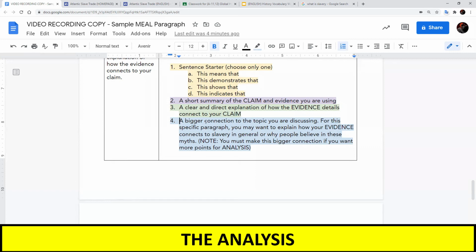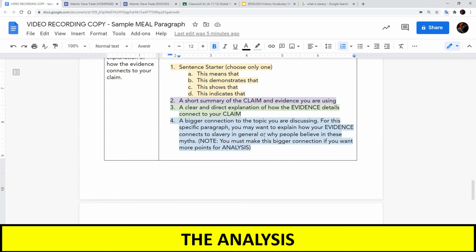So for example, in this specific paragraph, you want to explain how your evidence about Harriet Tubman, about how she organized this movement to help free enslaved people from slavery, connects to bigger ideas about slavery in the United States. And also, this whole meal paragraph is focused on myths. So you might want to also talk about why you believe that people believe these myths, because that's an important idea.